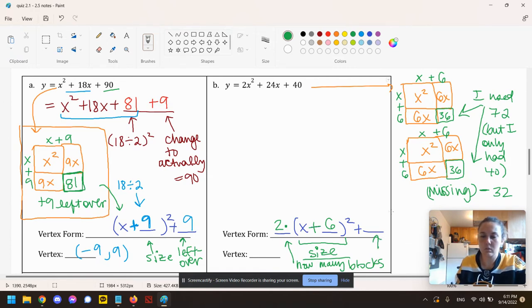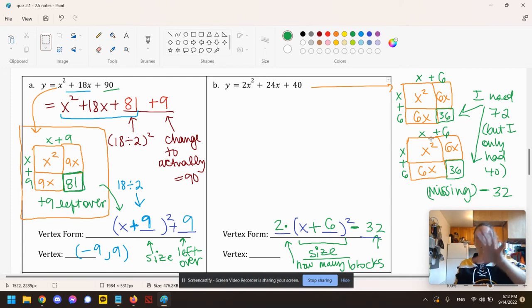And then this is how many leftovers we have, which here we had negative 32 leftover. We didn't have any leftover. We actually didn't even have enough, right? So we're going to make this a minus 32 on the back. Make this look nice. Sorry. Great.